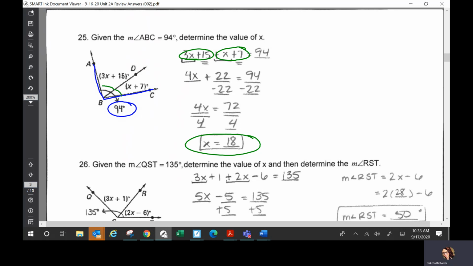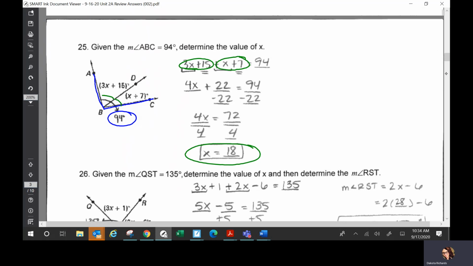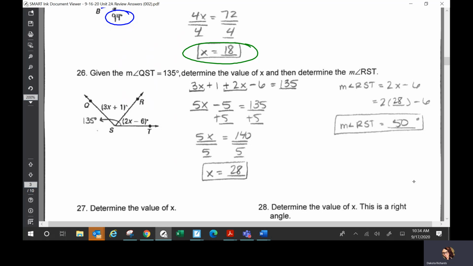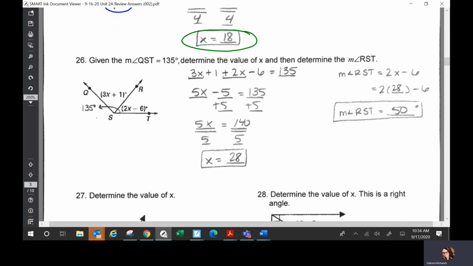All right, number 26. Given the measure of QST, QST is this bigger angle. That is 135. Determine the value of x and then determine the measure of RST.